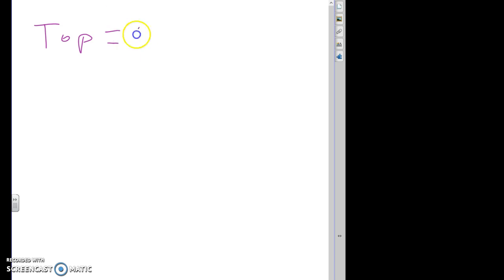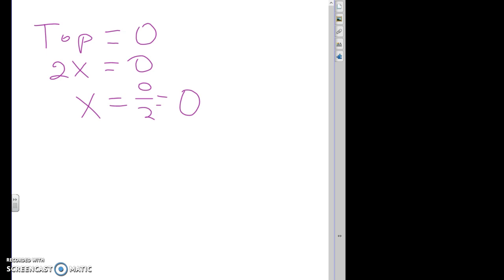So that's going to be 2x equals 0, divide by 2 on each side, 0 over 2 still equals 0. All right, now the original problem said less than or equal to 0. So for this one we'll get a solid circle.